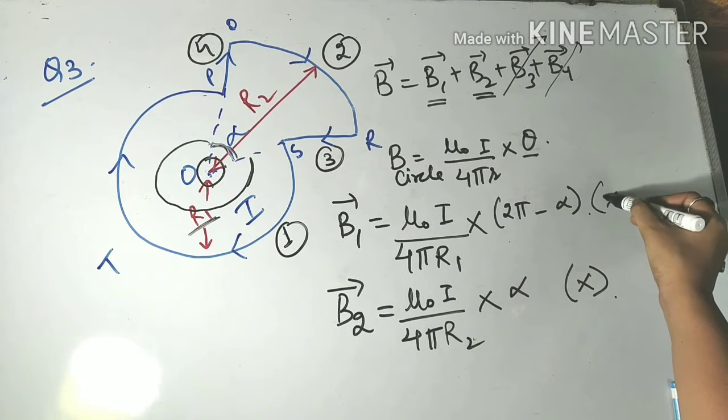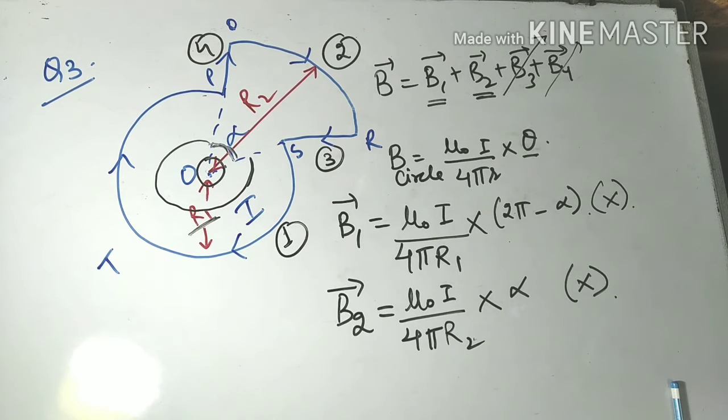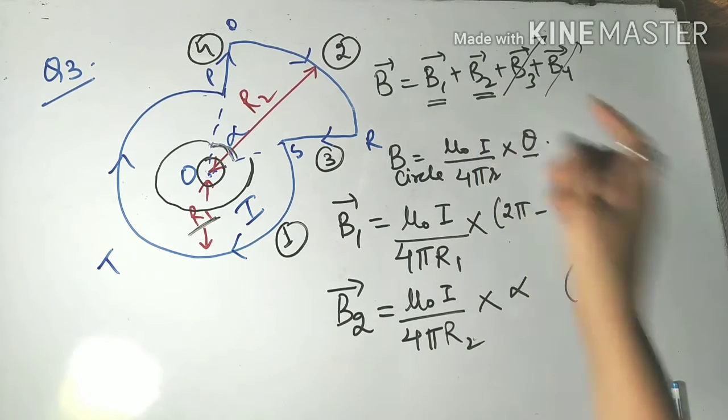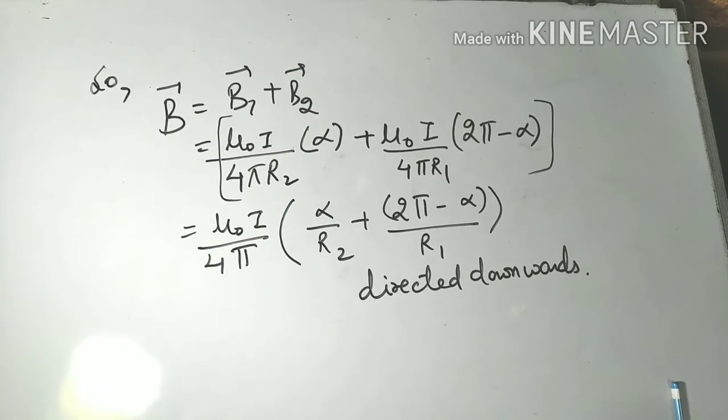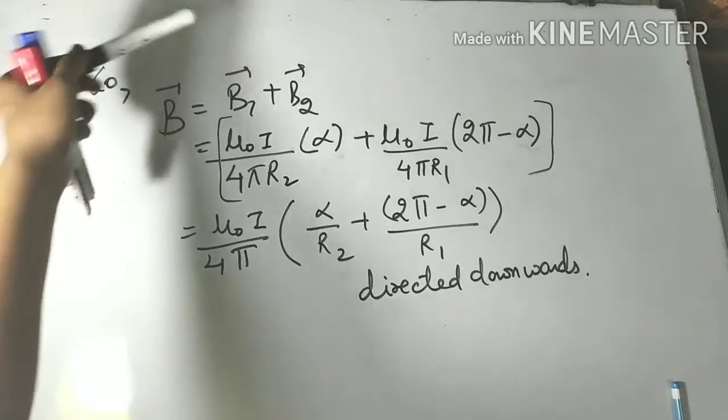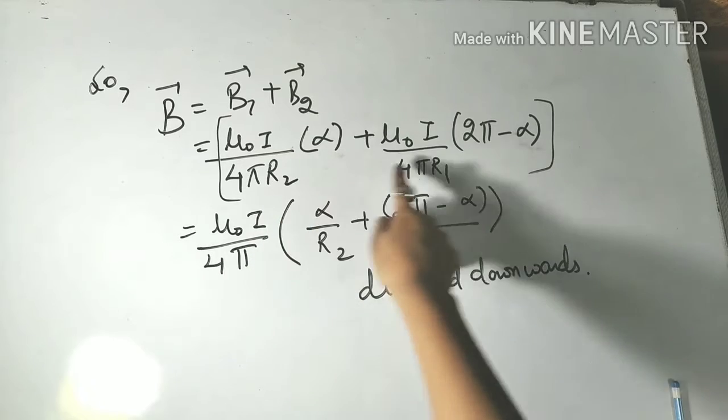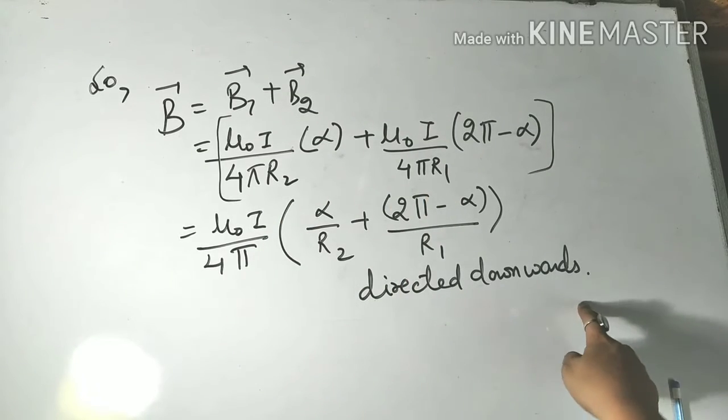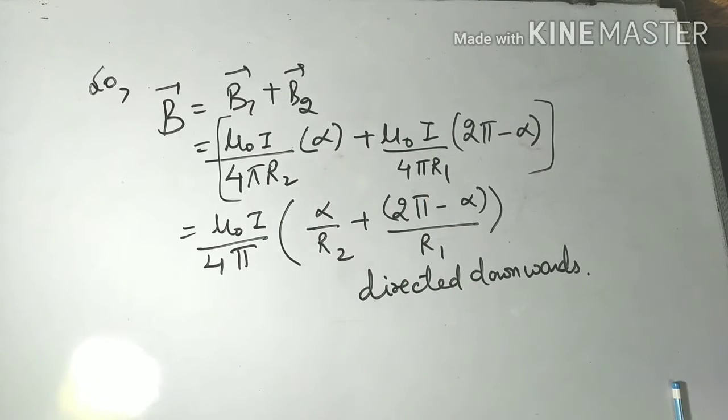So this is also cross, the magnetic field's directions are the same, so I am going to directly add up here. So if I add up these two quantities, I can write the direction as it is directed downwards.